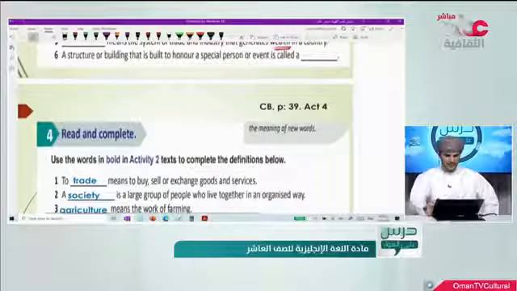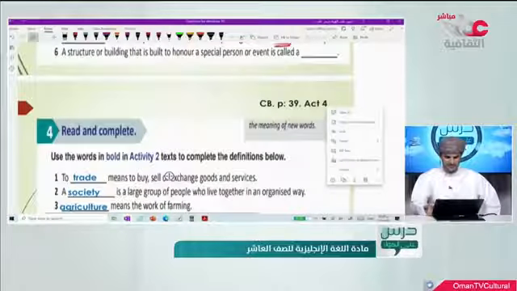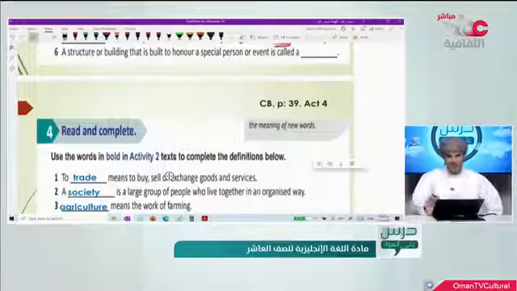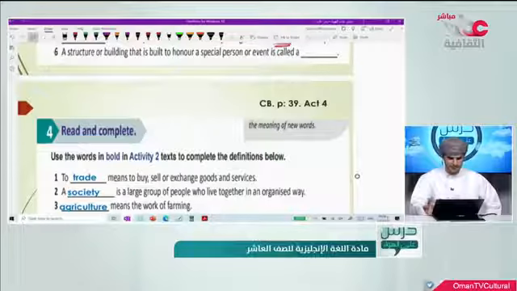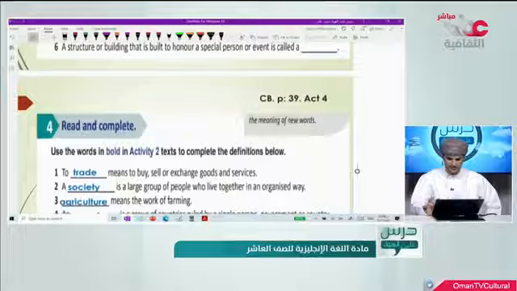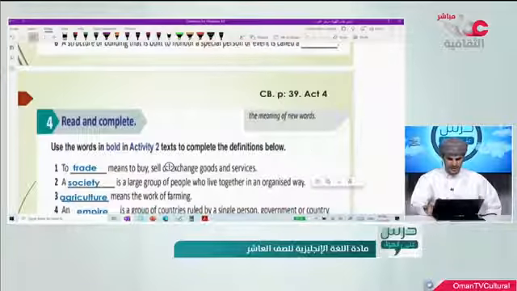Number 3, Salim, again, a very good student we have here. Agriculture. Well done, Salim. Agriculture means the work of farming. And number 4, Zakaria will answer. An empire.